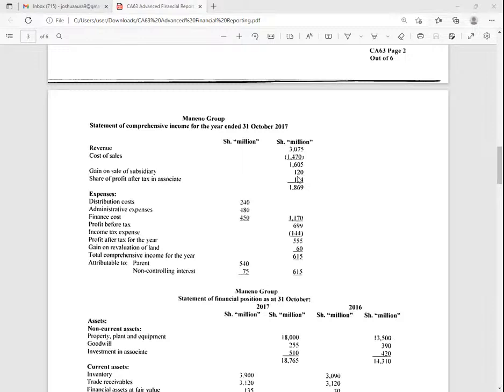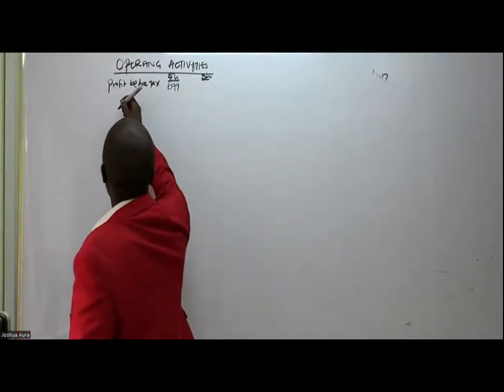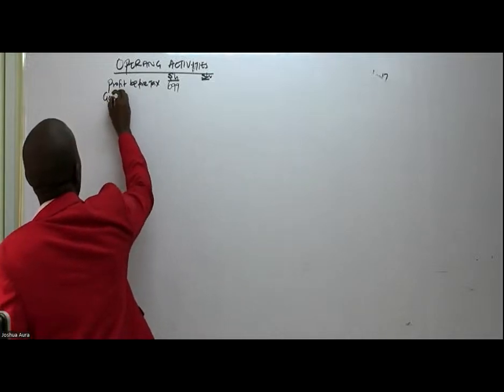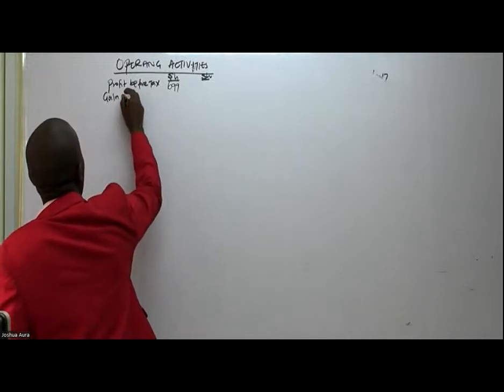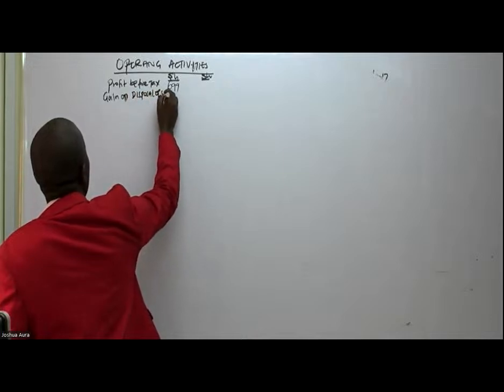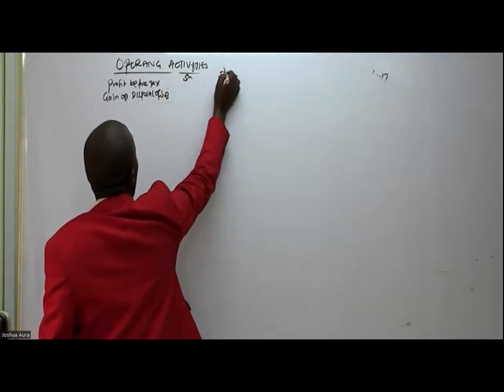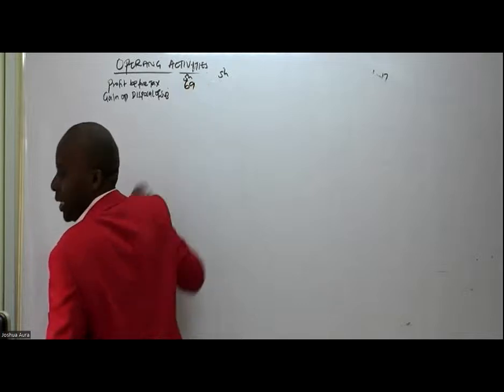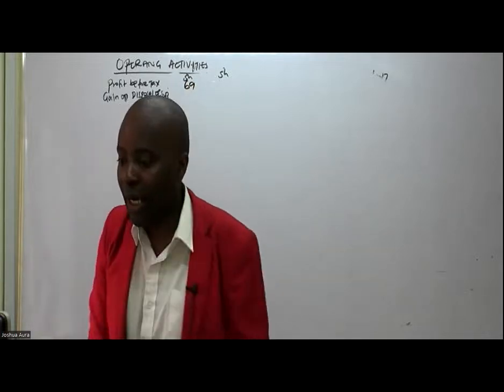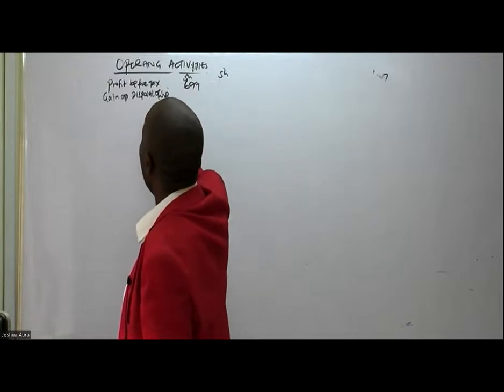So gain on sale of subsidiary, I need to cancel that from my operations. That will go to a different section. So we have here gain on disposal of subsidiary.